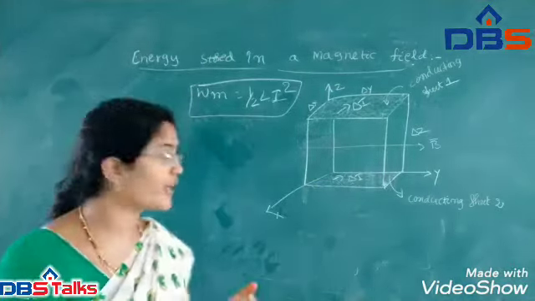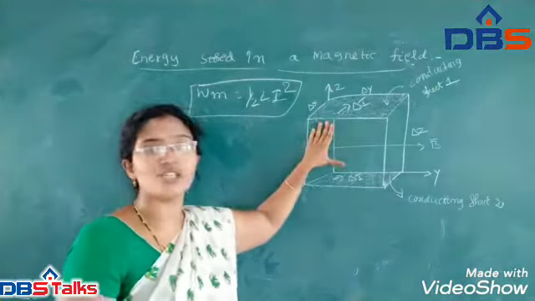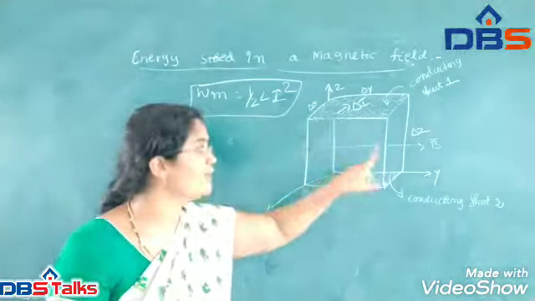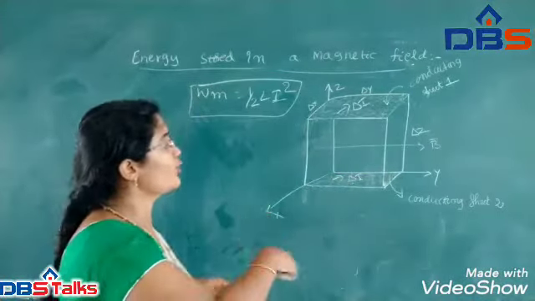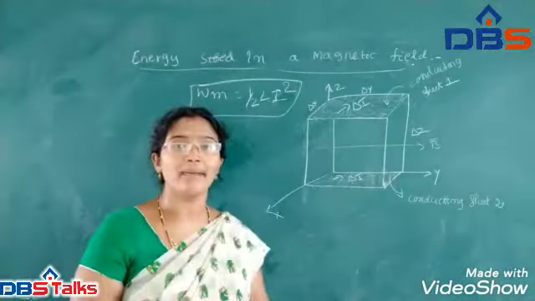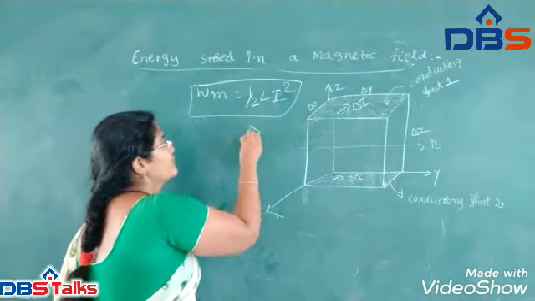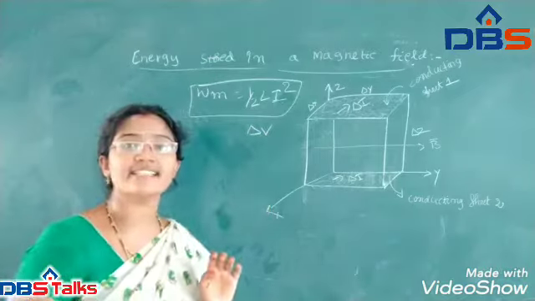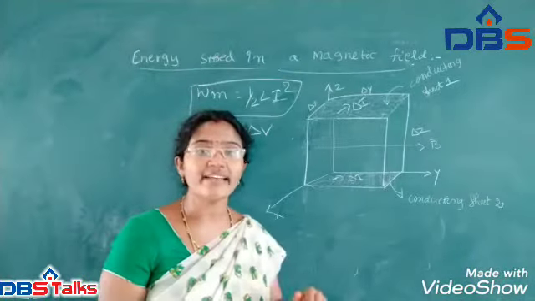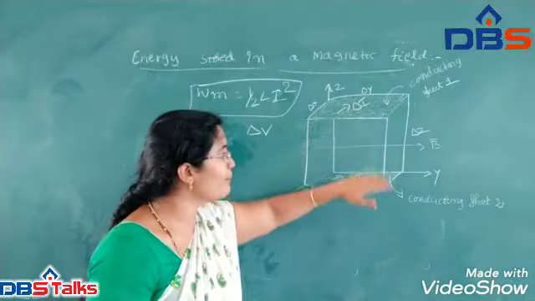For that, you can construct one energy storing element in a three-dimensional view, placed in an XYZ frame. It has a differential volume delta V and carries a differential current delta I in the top and bottom surfaces.